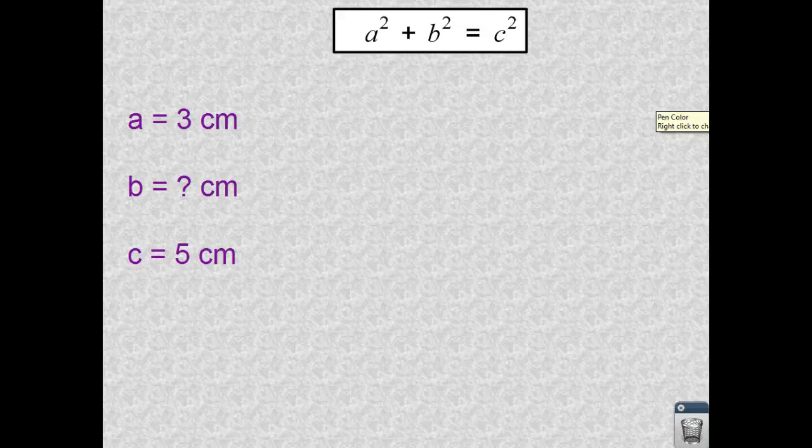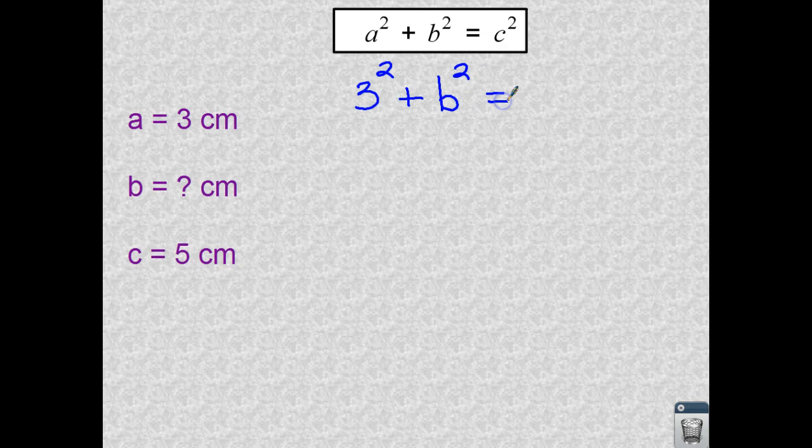All right, so A is 3, and we square it, plus B is a question mark, so I don't know what B is right now, but we square it, and that should be equal to C, which is 5, and we square it. All right, solving down the line here, 3 squared is 9, plus B squared is equal to 5 squared, which is 25.